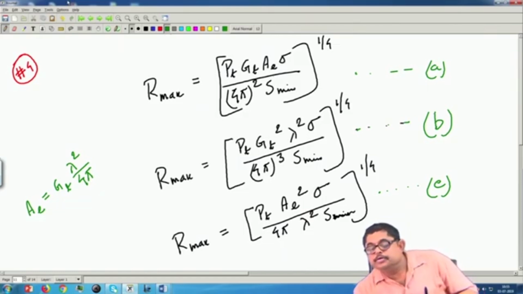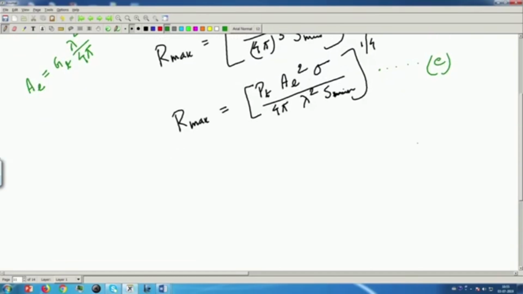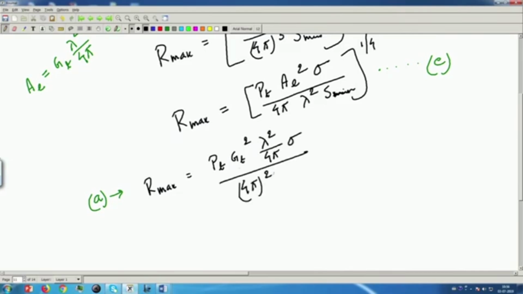What we will do, we will solve this. If we start from equation A, we can write that R max is PT GT, and we are putting the value of AE as GT lambda square by 4 pi, sigma by 4 pi whole square S mean to the power 1/4.